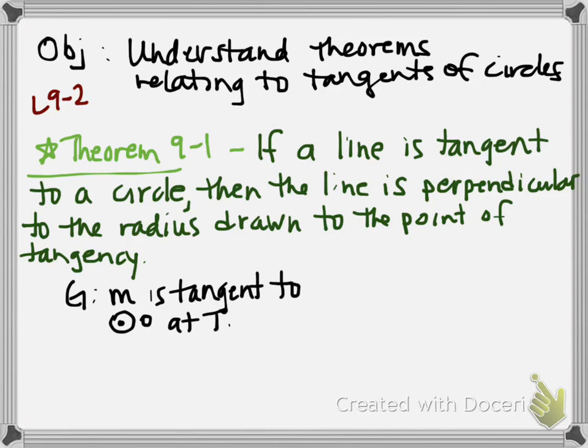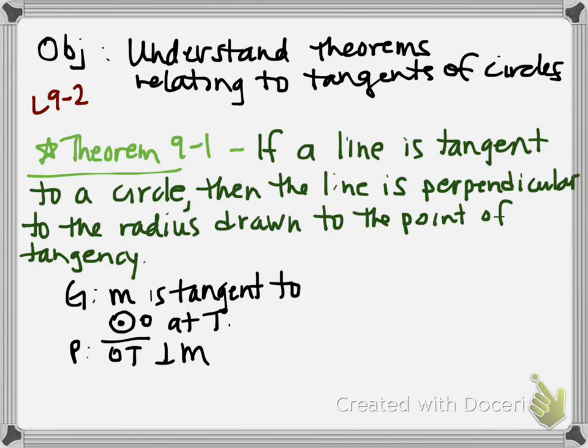M is the line that's tangent, T is the point of tangency. And we want to prove that segment OT or line OT is perpendicular to line M.